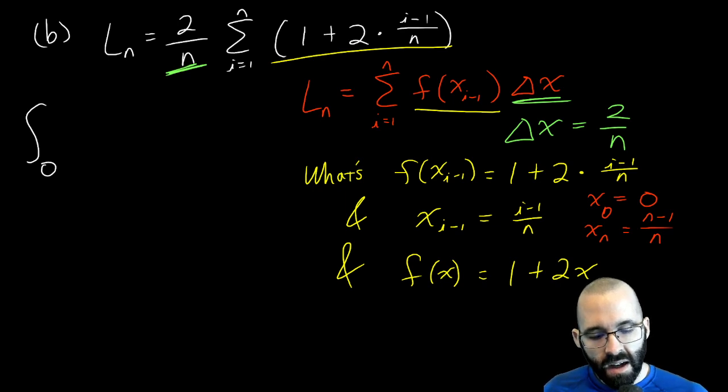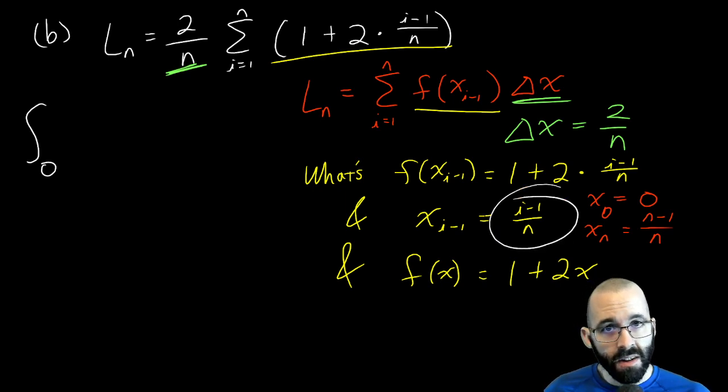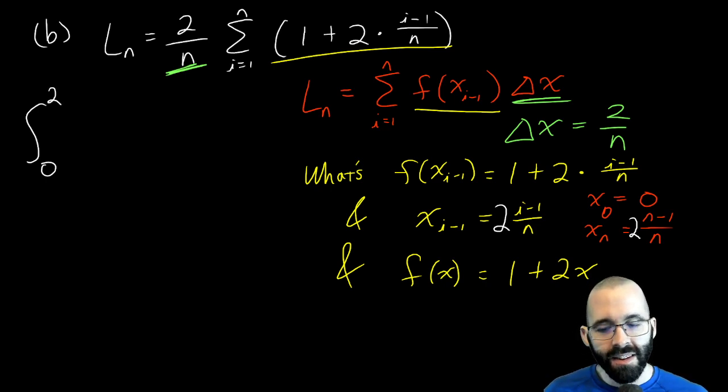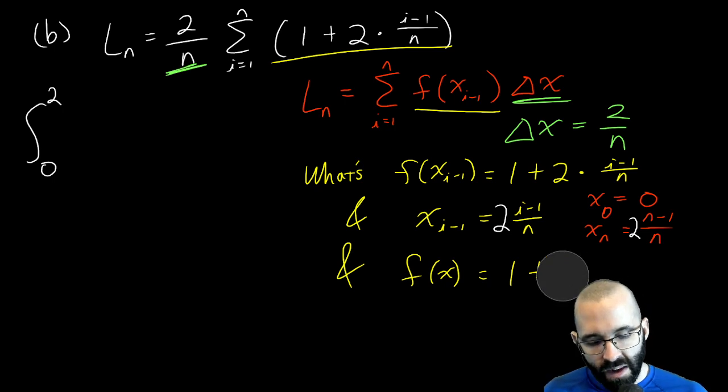This would only give us an interval of size 1. We need an interval of size 2, so what we're going to do is modify it. That's our x sub i minus 1. So that is now the nth term. And as n goes to infinity, that is now 2. And we're good to go.